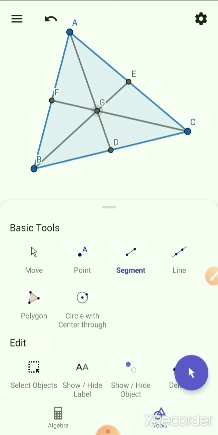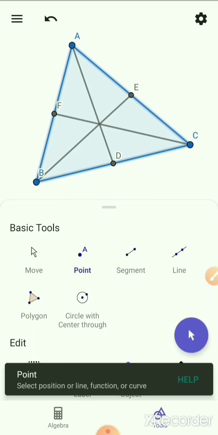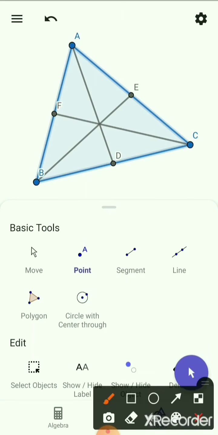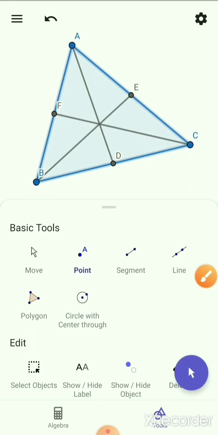But the thing is, how will we find the midpoint of the side? So first we need to learn how to find the midpoint of the side of a triangle. So let's start constructing median of a triangle.